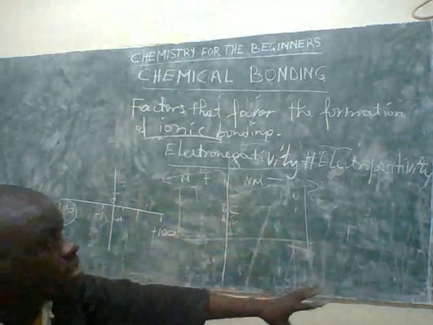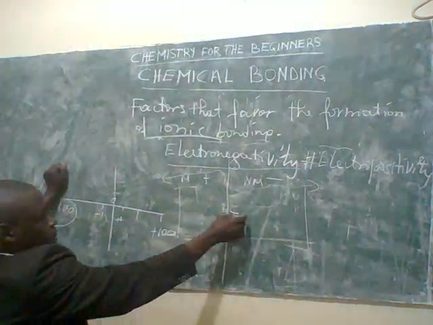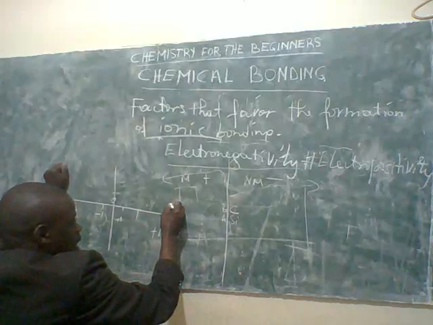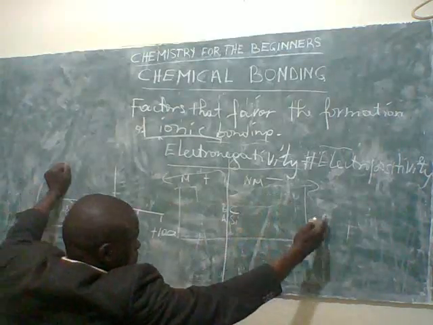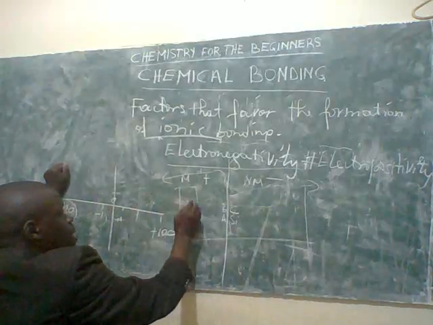Electronegativity and electropositivity move like this. Because when you are coming to this side, this is the right and this is the left.